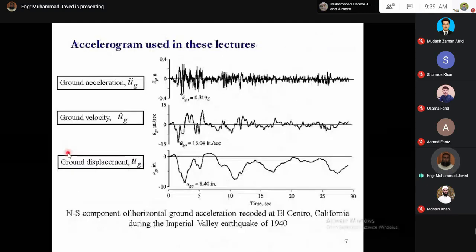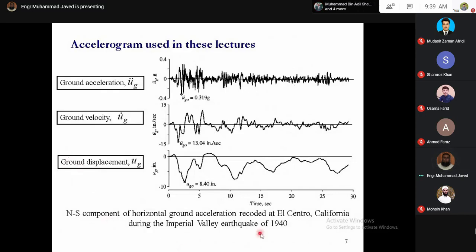The accelerogram, that is the graph between ground acceleration and time, that will be used throughout these lectures will be the El Centro 1940 strong ground motion record.